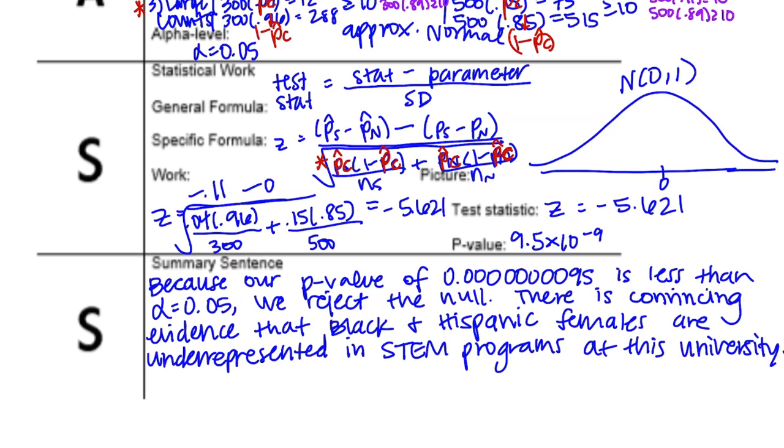And so instead of using 0.04 and 0.96 and 0.15 and 0.85 separately, I should have been using the 0.11 and the 0.89. So again, I'll show you what that looks like. That would be z equals negative 0.11 minus 0 over the square root of 0.11 times 0.89 over 300 plus 0.11 times 0.89 over 500.